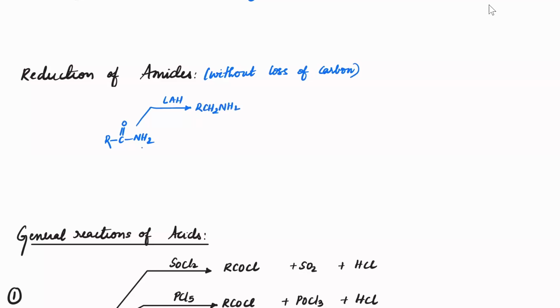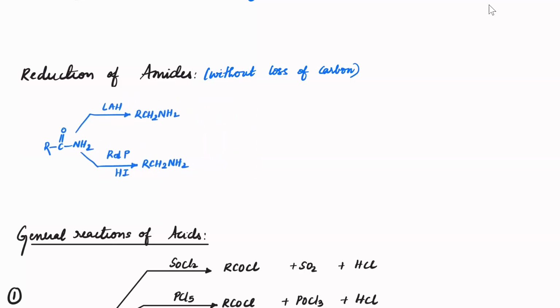In case you treat this with red phosphorus and HI, that will also convert it into RCH2NH2. These two are typically used for reduction reactions.